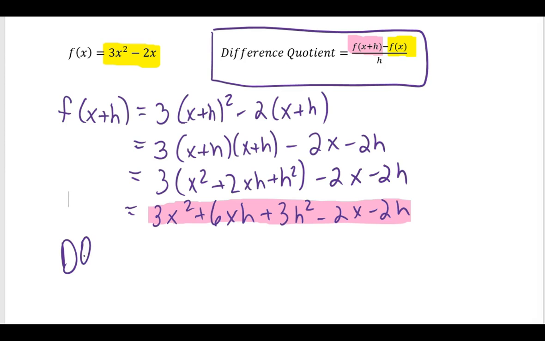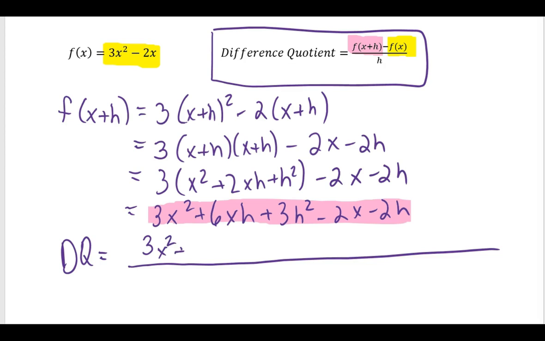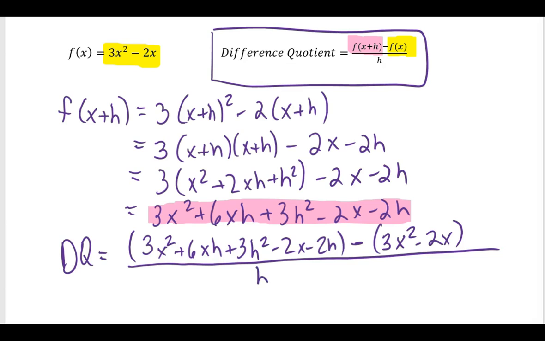So my difference quotient will be my f of x plus h in pink, minus my f of x, which is my original equation, all over h. You're always going to use h for this part.